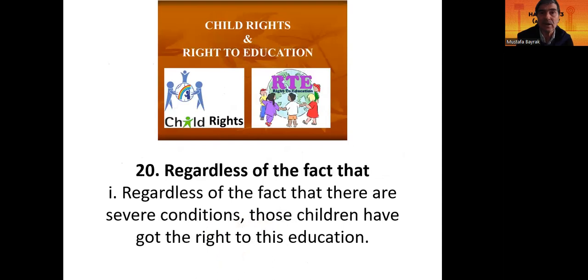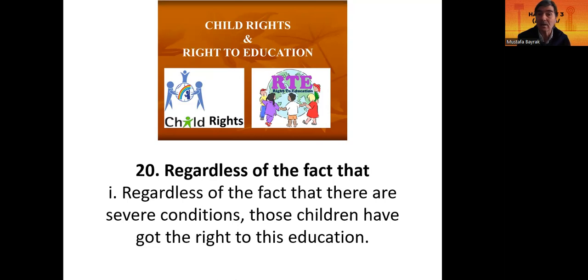Now, children's right to education. Yeah, children's rights or children's educational rights. And children have the right to education. Child rights. Okay. RTE, right to education for children.